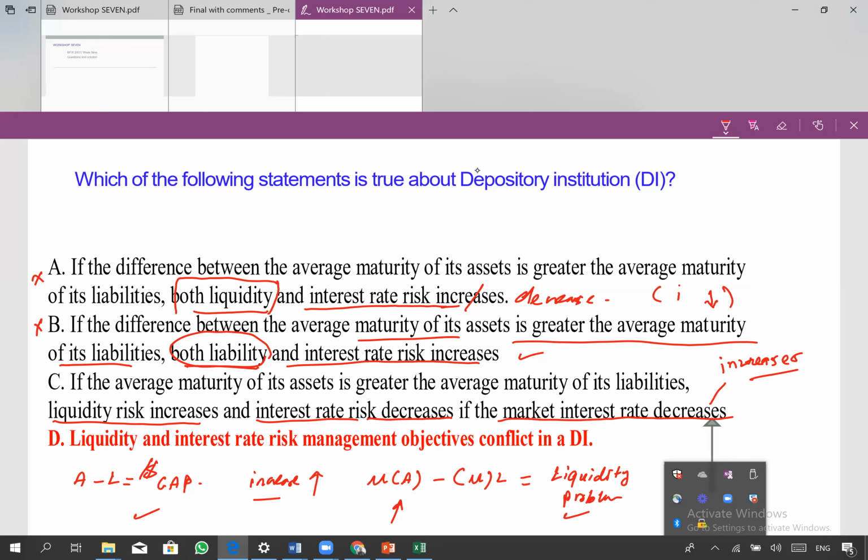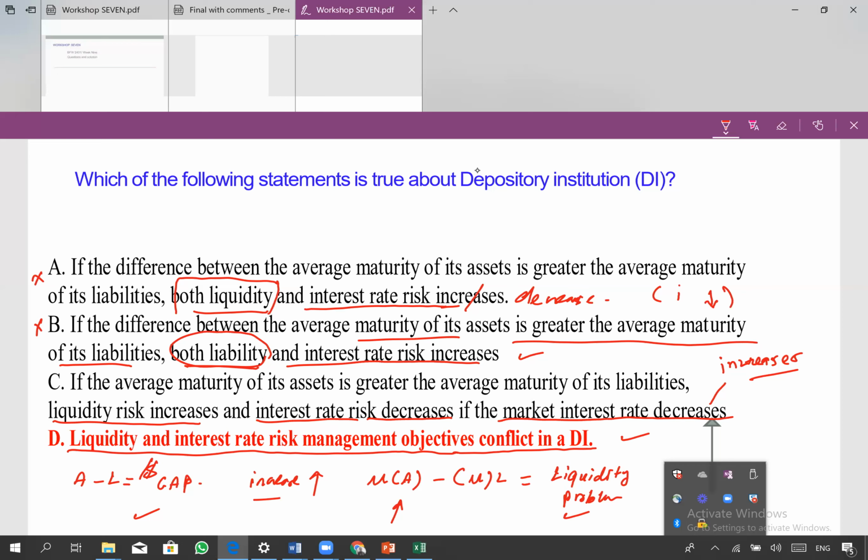If you just ignore all of this and look at this statement, which is liquidity risk and interest rate risk management objectives are conflicting, that is right.